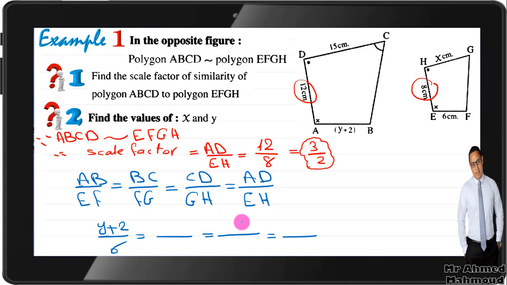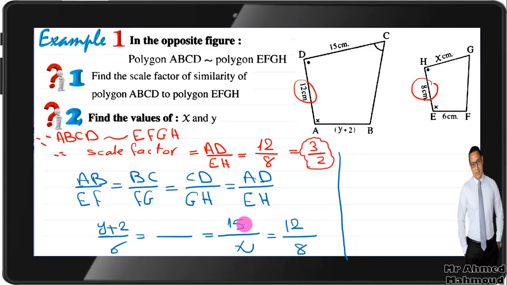CD is 15, GH is X, and finally AD equals 12, HE equals 8. Okay, now I can find X and can find Y.